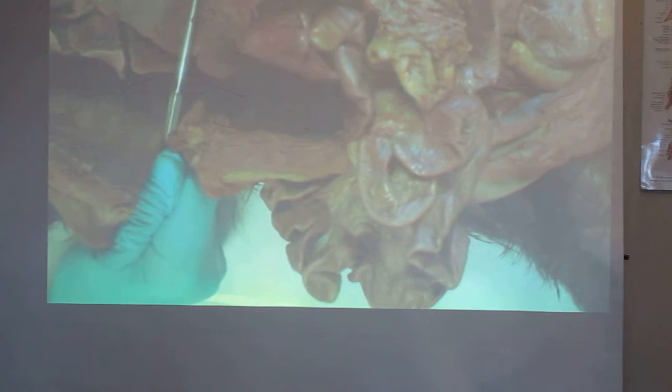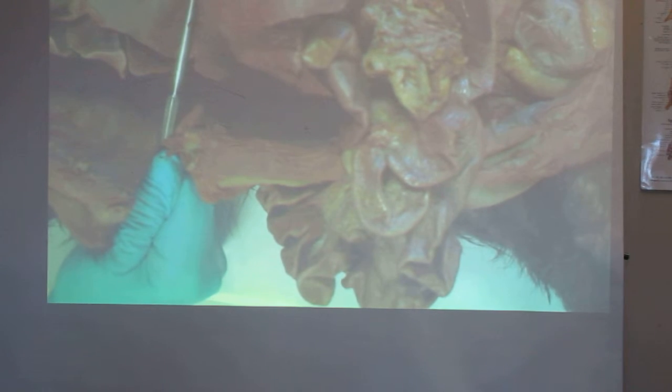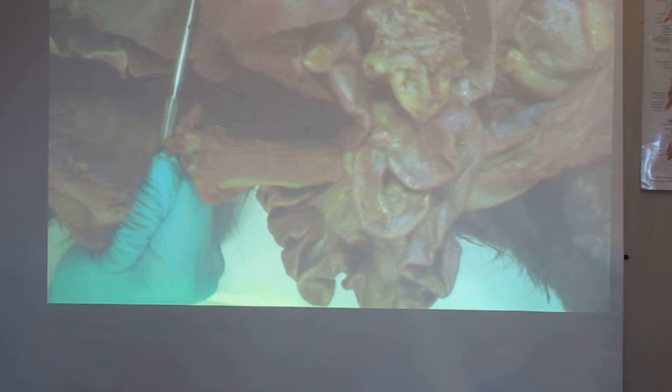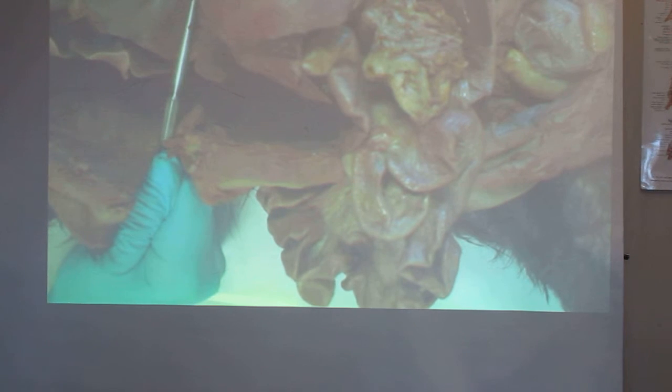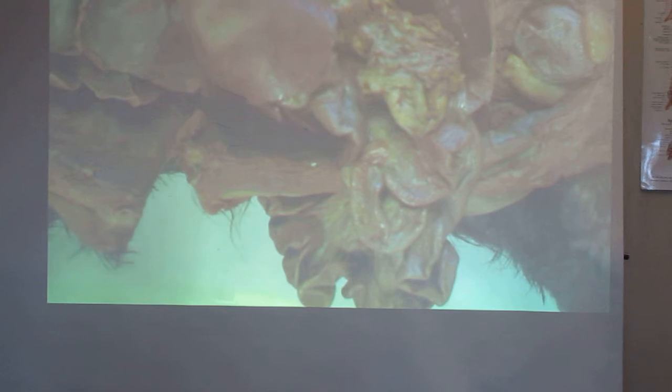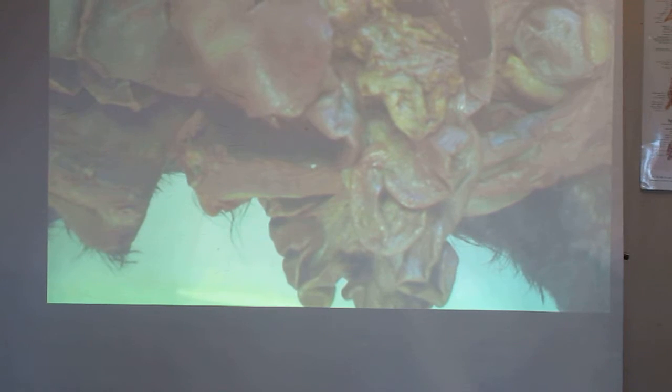See it there? A little bit better? Okay, how's this? Right there? Okay, that is the hepatic vein. It's the first thing inferior to the diaphragm on the superior surface of the liver. That dumps directly into the inferior vena cava.